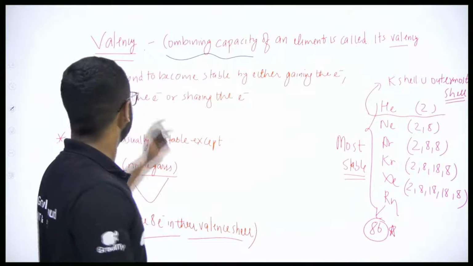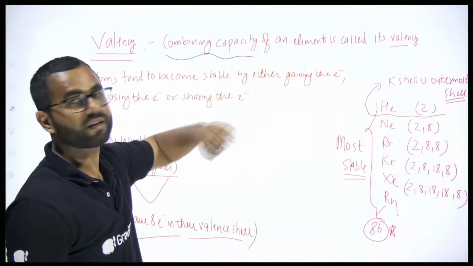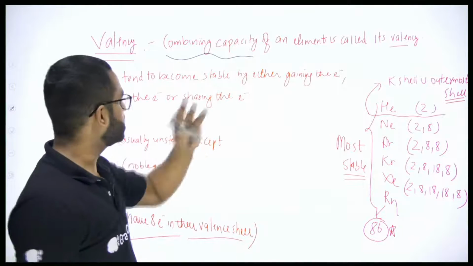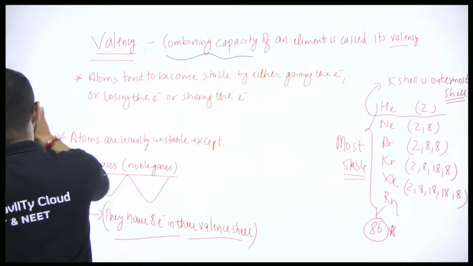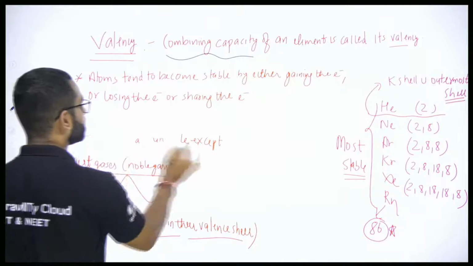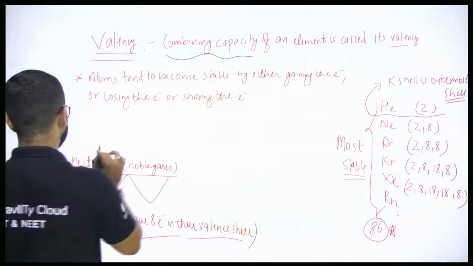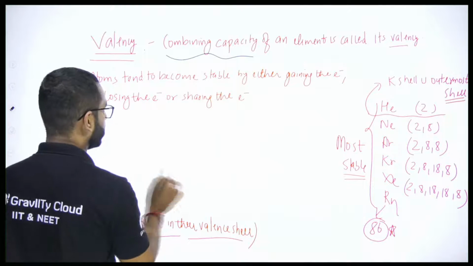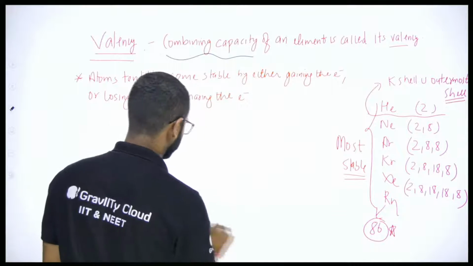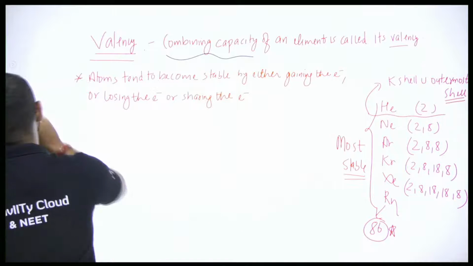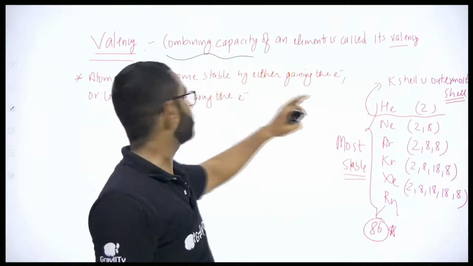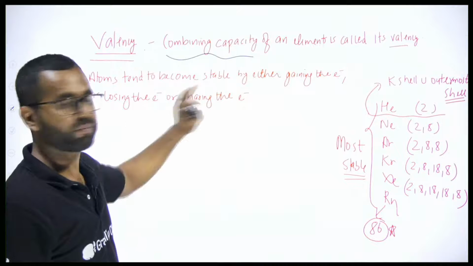Okay, atoms tend to become stable by either gaining electrons, or losing electrons, or sharing electrons. Understood? What is the meaning of this point? Tell me. That atoms tend to become stable either by gaining the electrons, or by losing the electrons, or by sharing the electrons.